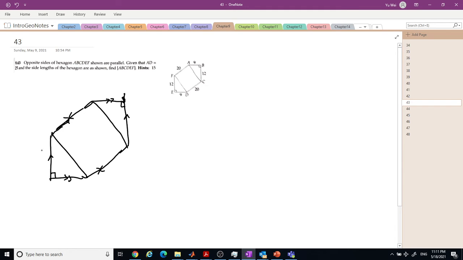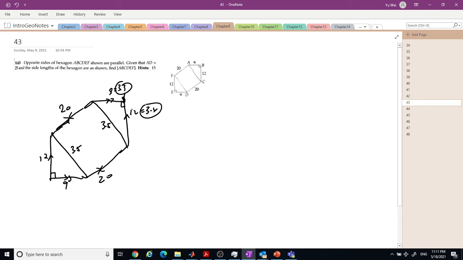The sides are 12 and 9 and 12 and 9. So 9 is 3 times 3, this is 3 times 4, so this is 3, 4, 5, and this is 3 times 5. So this is 20, and this is 20. Now it's easy to see all this.